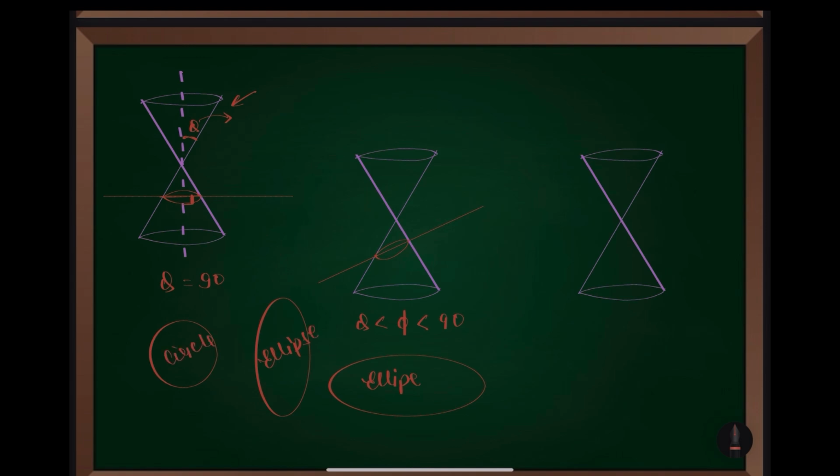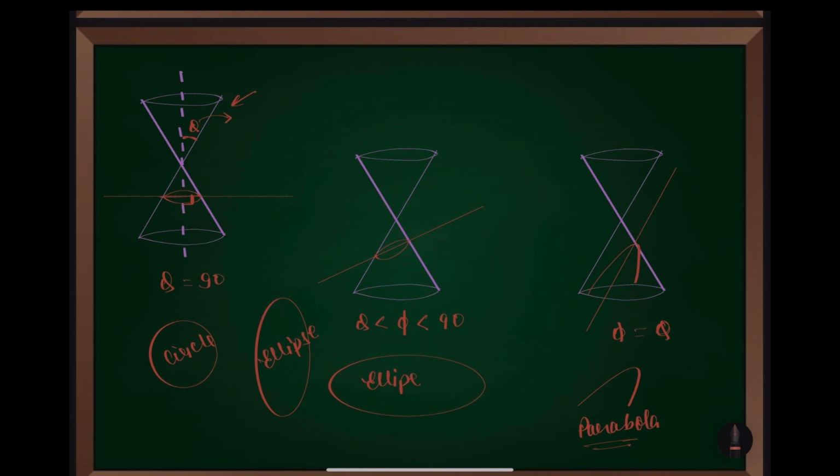Now suppose that your phi angle and this line, means your phi is equal to theta. If phi is equal to theta, you will have an image which will look like this. So this is your parabola. This is the case of parabola.